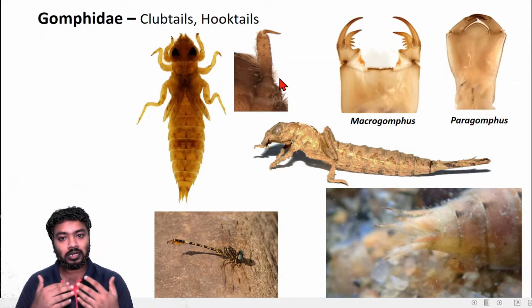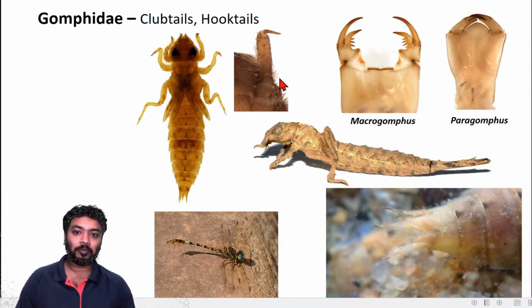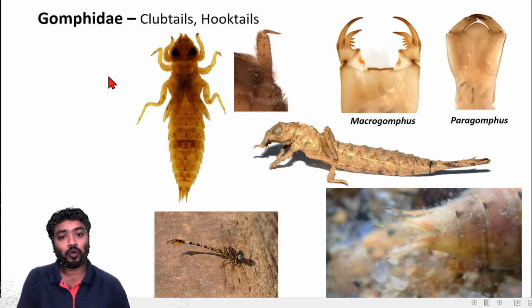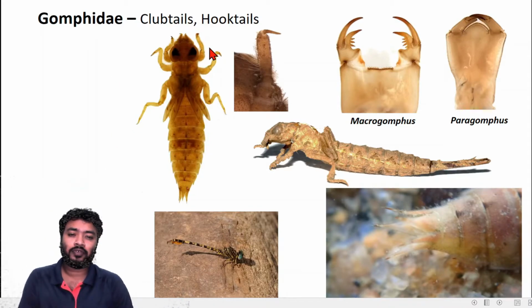Then you count the number of antennal segments. If it is 7 segmented, then it is an Aeshnid. If it is 4 segmented, then it's a Gomphid. And I told you that Gomphids are very good burrowers. So they need modification of their legs to burrow in the sand. That's why, see here, the legs are very short and very stout. But in other families the legs are generally very long and thin.